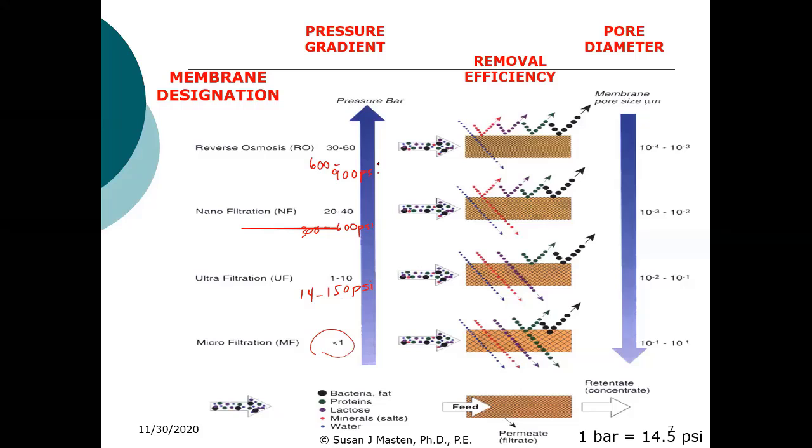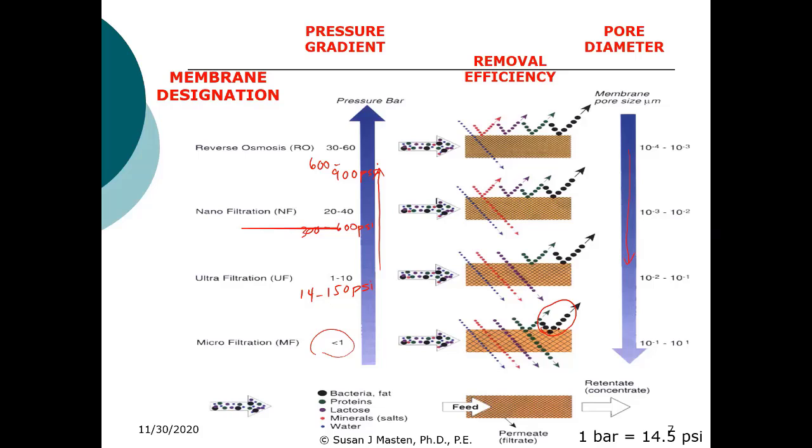So again, as we decrease the pore size of the membrane, we're increasing the pressure that's required. Now, in terms of removal, what we're removing is predominantly bacteria and fats.